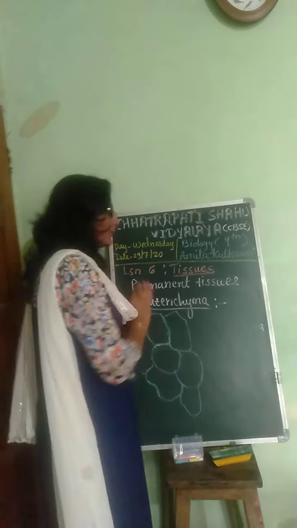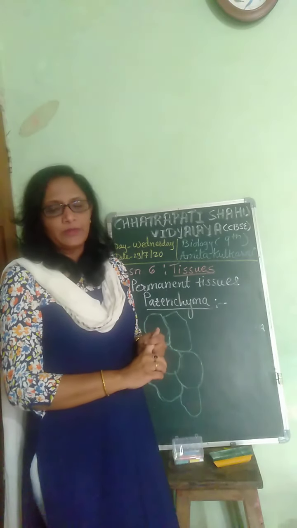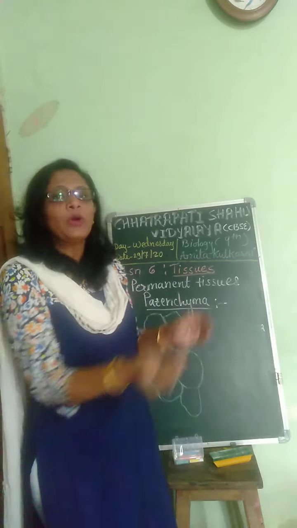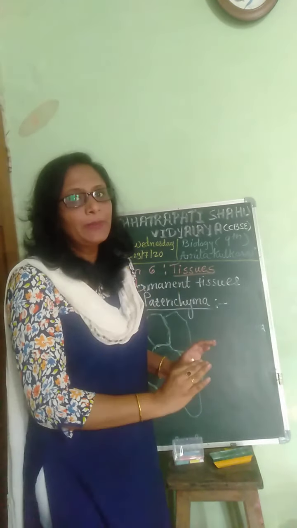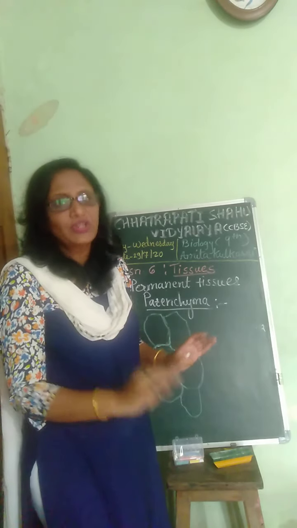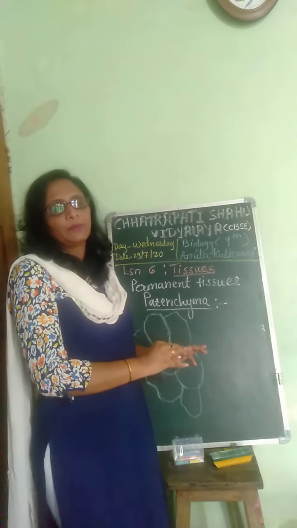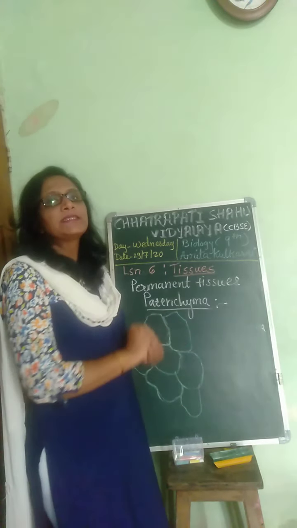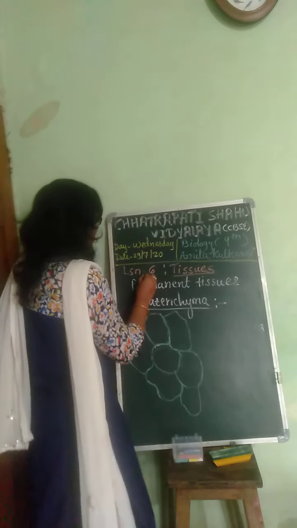The permanent tissues are divided into two types: simple permanent tissues and complex permanent tissues. That's why these are called simple permanent, because their structure and their functions are very simple and they perform very basic functions. So we are studying simple permanent tissues.